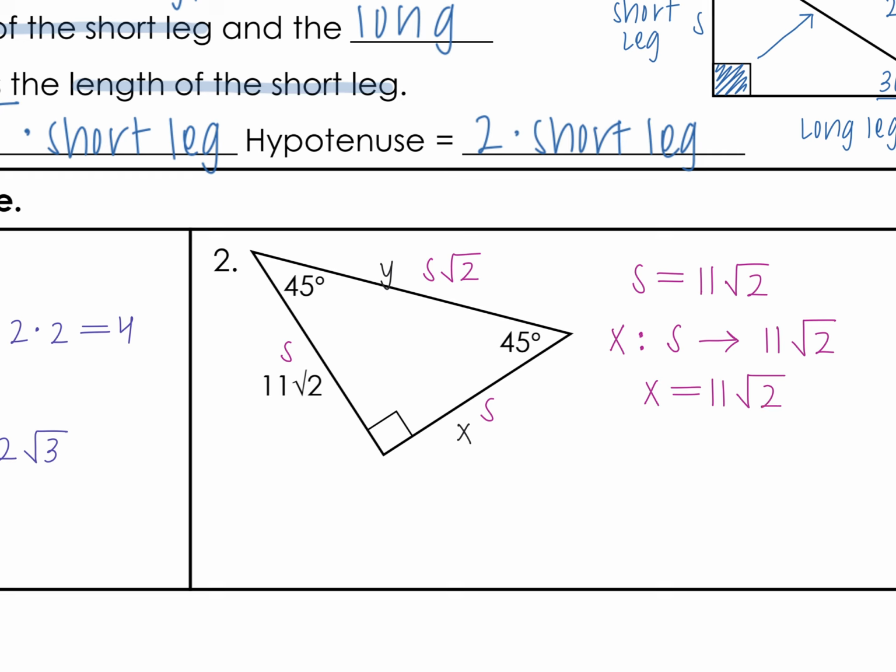Okay, like I said, you can use your ratios instead of showing all this extra work as part of your work for these types of problems where it's very basic. In this next one here, we do need to show the work because for my y here, we've got s root 2, which plugging into that, we've got that my s is that 11 root 2.